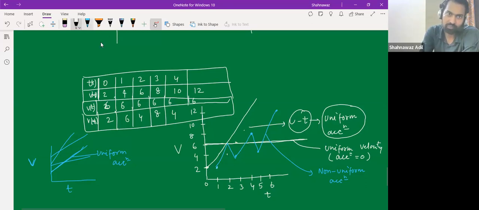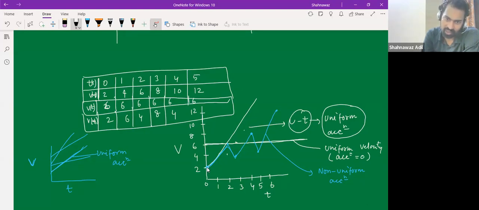So keep it this way and just change the graph. Yes, Rishita. Sorry, I got disconnected. There's a small correction in the graph.